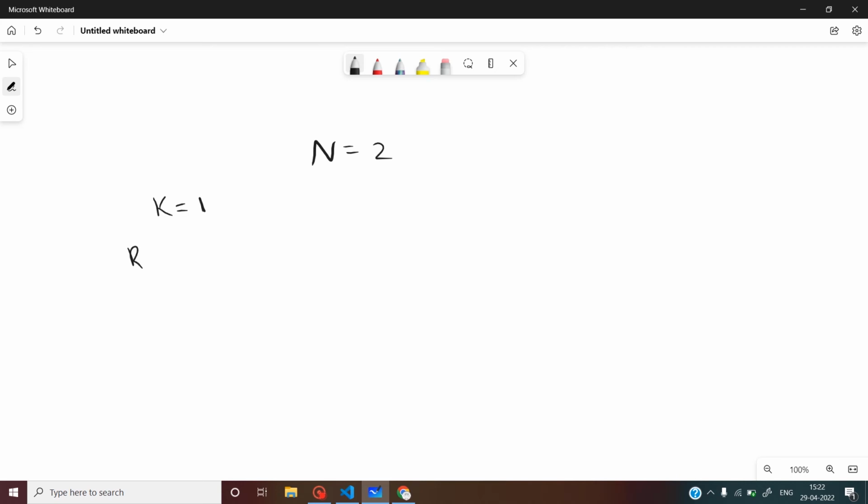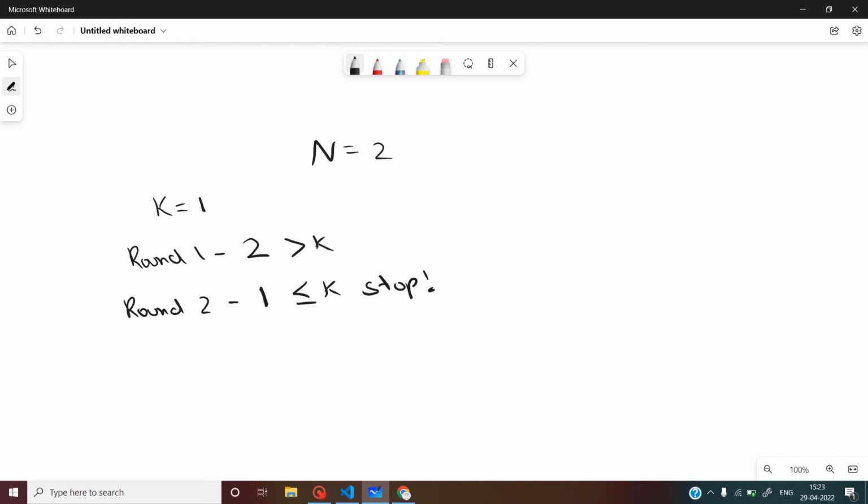So in round 1, there are n players, that is 2 players. Then this number is greater than k, so we will continue to the next round. Then in round 2, there will be 2 minus k, that is 1 player. This number is smaller than or equal to k, so we will stop here.